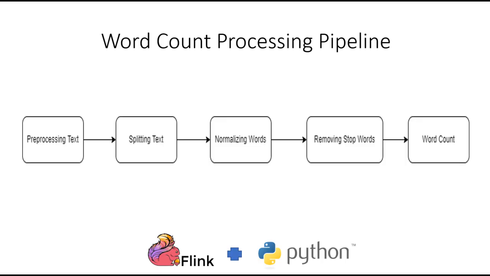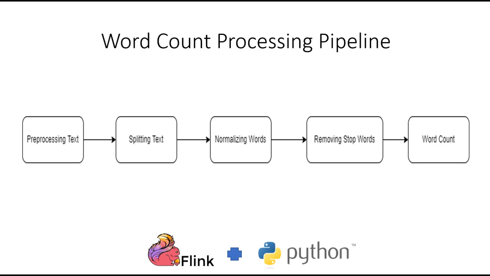In this word count processing pipeline, the data goes through a series of steps to ensure its cleanliness and prepare it for analysis. Firstly, the text is pre-processed to remove escape characters, URLs, non-ASCII characters, user mentions, and retweet tags. Then, the pre-processed text is split into individual words.